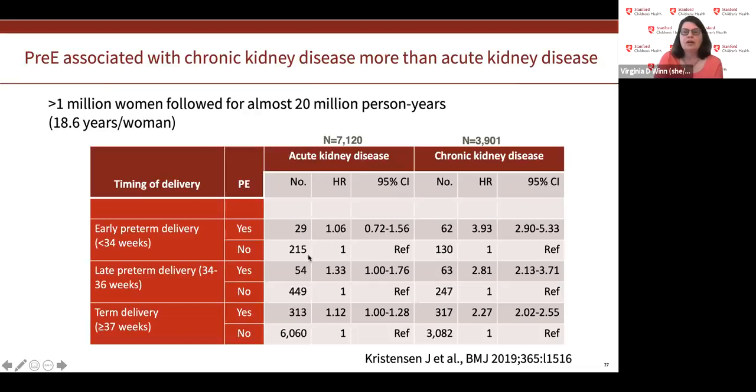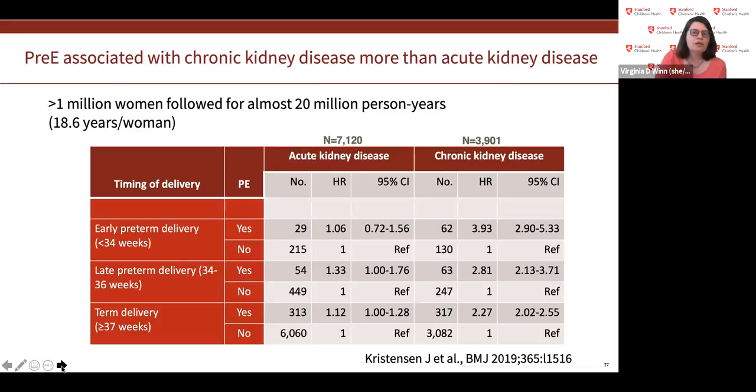And what you can see is that there is some increase of acute kidney disease, but really the risk is more related to chronic kidney disease. And the earlier the onset, the higher the risk.